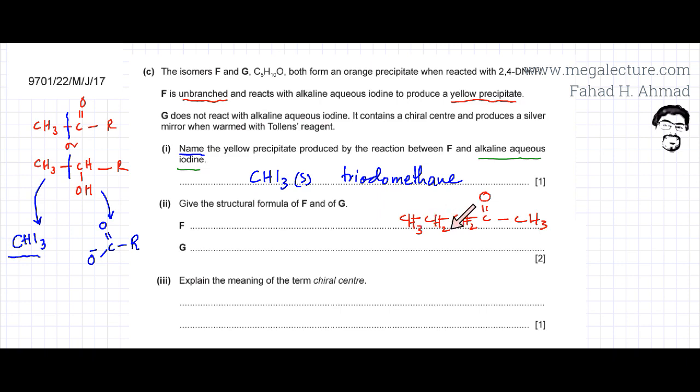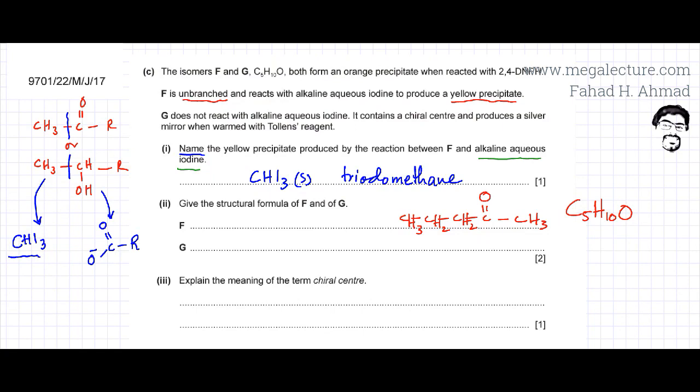Hydrogens: 3 plus 2 is 5, plus 2 is 7, plus 3 is 10. So there are 10 hydrogens and 1 oxygen. This structure matches C5H10O. You can try the other structure, and you would notice the number of atoms would not be correct. I would have more hydrogens if I go with this alcohol structure.